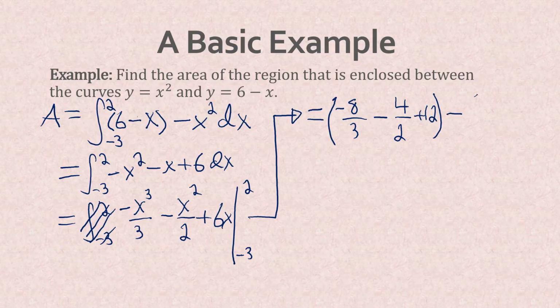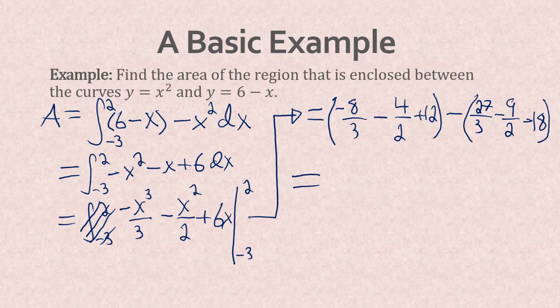And that is going to be minus, if I plug in negative 3, so negative 3 cubed is negative 27 with another minus sign, so that's 27 over 3, minus negative 3 squared over 2, which is minus 9 halves, and then last but not least, plus 6 times negative 3, which is negative 18.